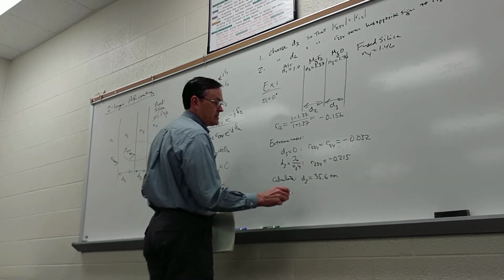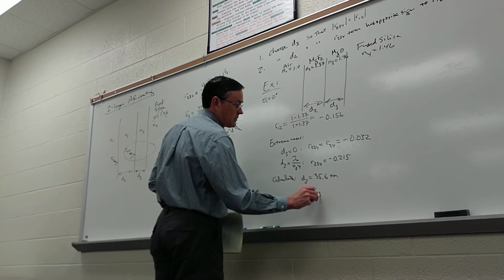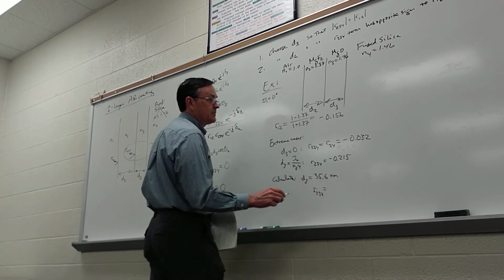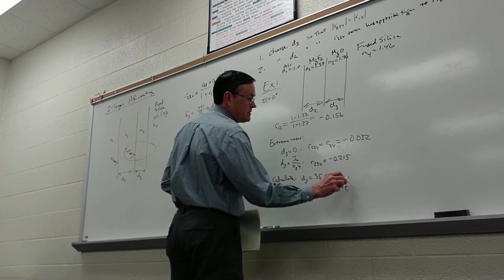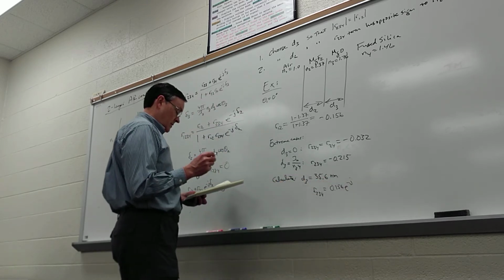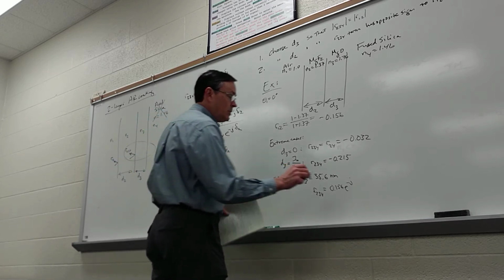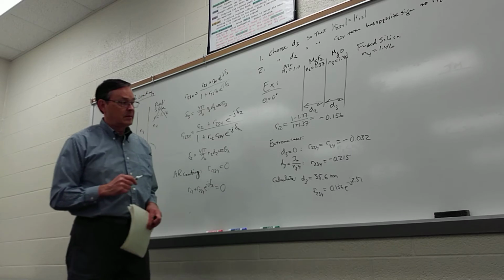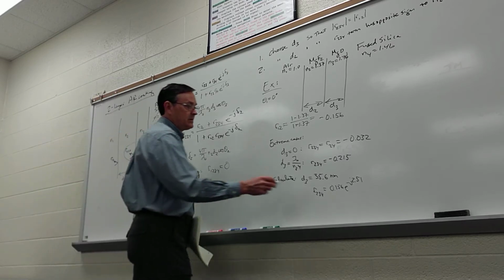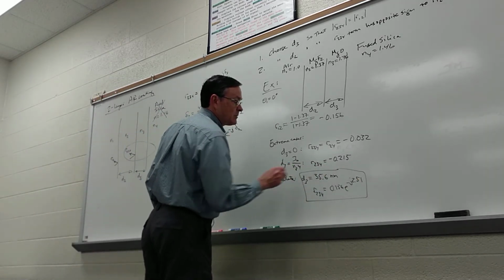And in that case, R234 is equal to 0.156 e to the minus j 2.51 radians. So for this D3, that's what we've got.